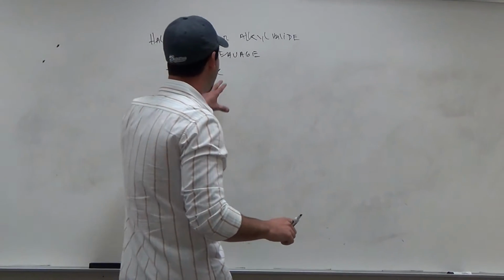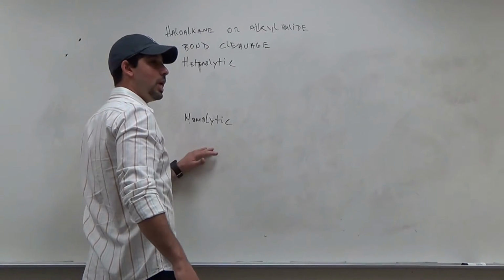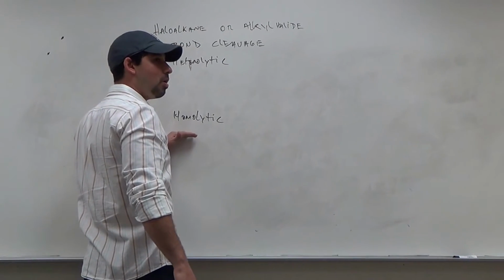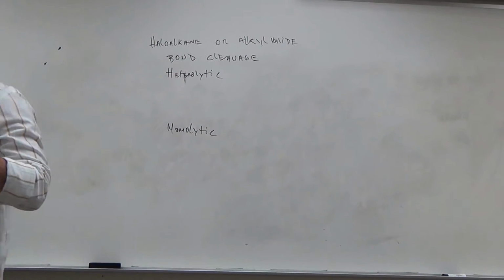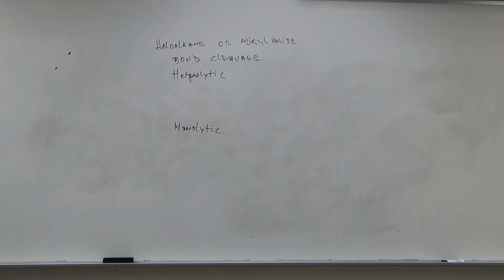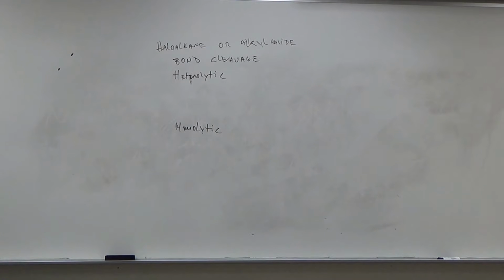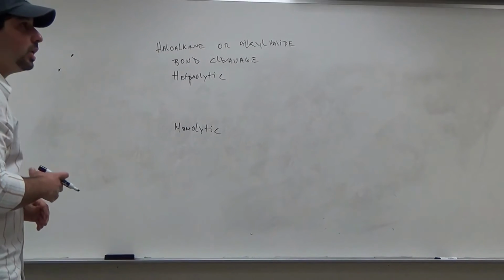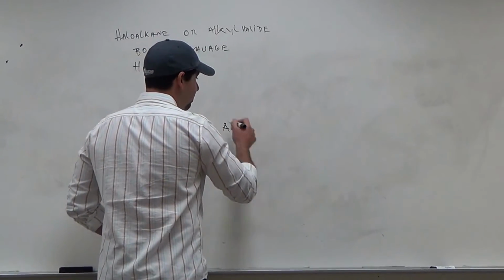When I am talking about bond cleavage or breaking a bond, the homo means same. Each of the elements that are broken keeps an electron. So from two bonds, one of the elements keeps one electron and the other element keeps the other electron. Heterolytic means they're different, yes? So one keeps all the electrons while the other one keeps none of the electrons. And that's what we've been doing, right? Yes, that's what we have been doing so far.